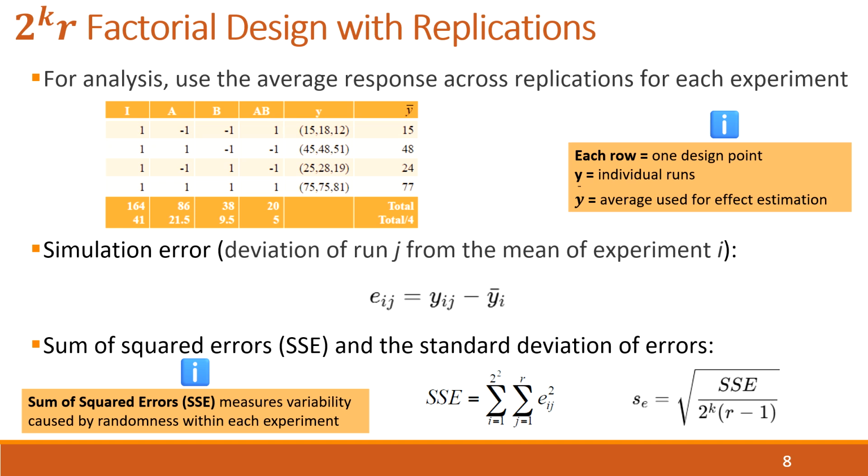The deviation of each run from its mean represents simulation error caused by randomness. By summing the squared errors across all runs, we obtain SSE, which quantifies within-experiment variability. This also allows estimation of the standard deviation of errors and the reliability of the results.